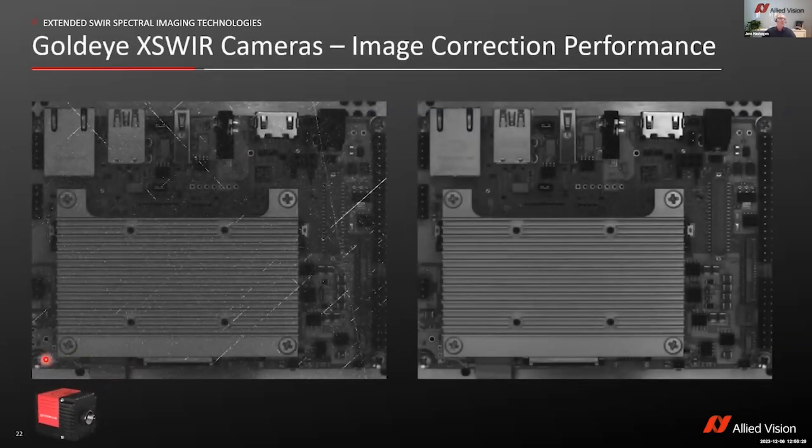So in this image, you can see on the left side a raw image of a SWIR InGaAs sensor. You easily see here the typical cross hatches caused by the lattice mismatch between indium phosphide and indium gallium arsenide. But by applying our powerful non-uniformity and defect pixel correction features, such artifacts can be fully removed.